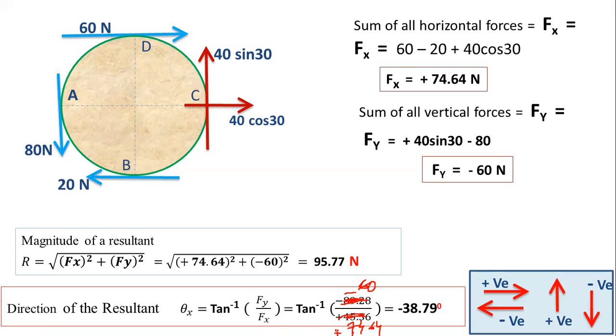So the angle theta x is minus 38.79 degrees. The resultant makes an angle 38.79 degrees with respect to x-axis in clockwise direction. Minus sign indicates clockwise direction, positive sign indicates anti-clockwise direction.